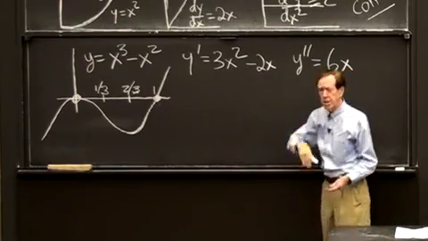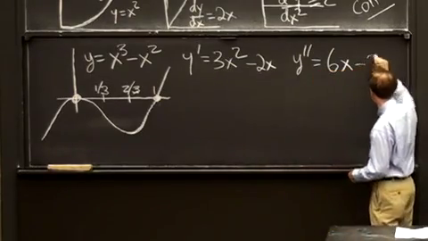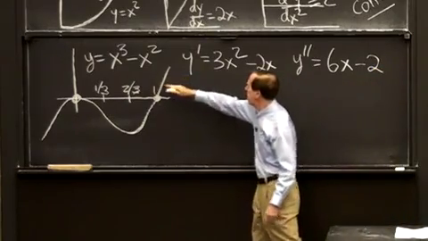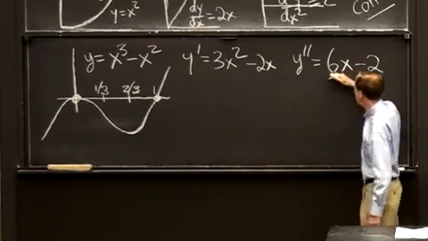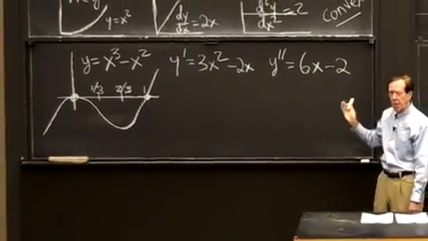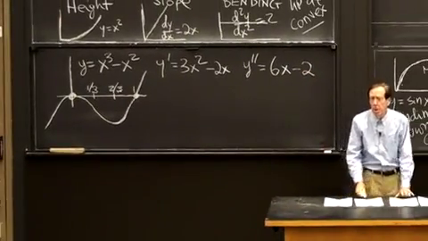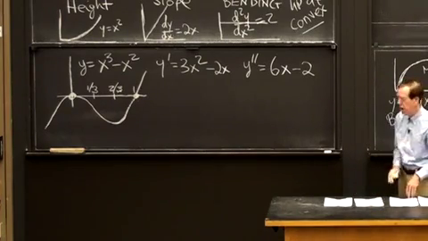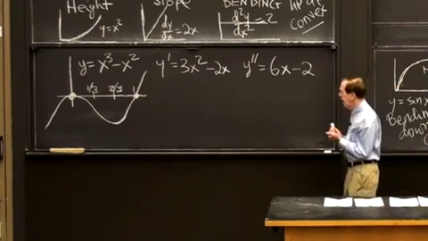And minus 2x, the slope of that is minus 2. Right? Cubic, quadratic, linear, and if I cared about y triple prime, which I don't, constant. And then the fourth derivatives and all the rest would be 0 for this case.